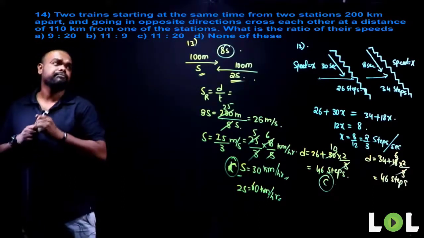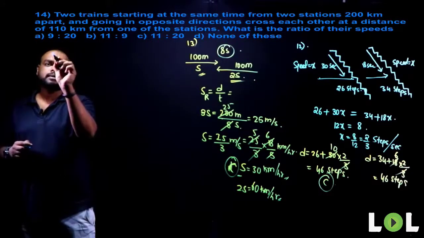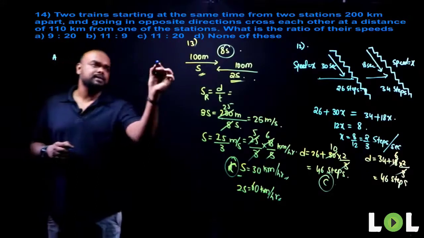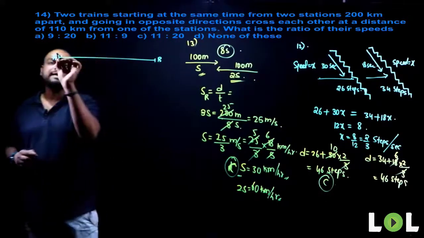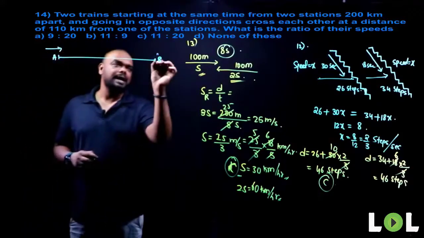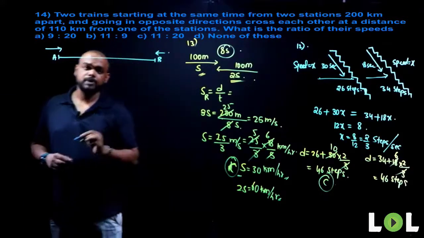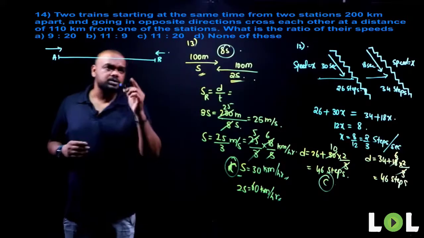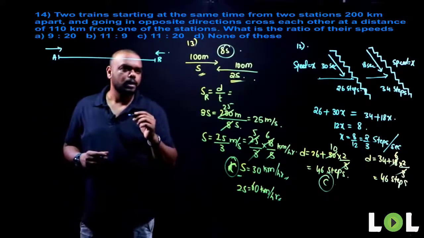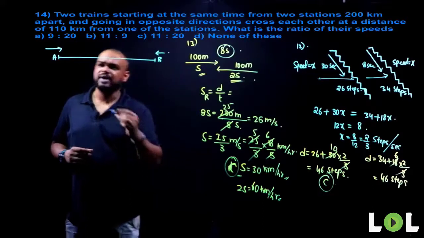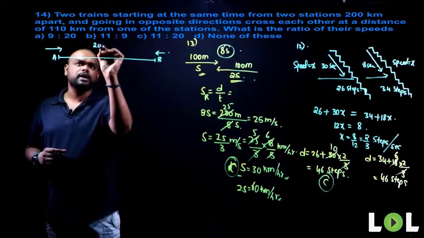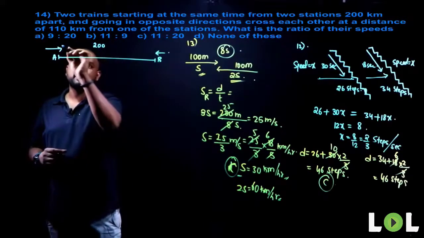Let us say this is station A and this is station B. One train starts from here, another train starts from here. Now they cross each other at a distance of 110 kilometer from one of the stations. Let's say this total distance is 200 kilometer.